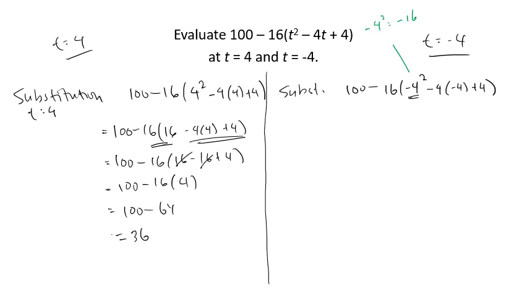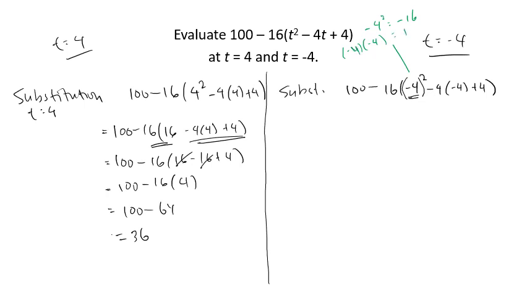So the error is not necessarily in the math that they're doing, but in the way that it's written. We have to remind students, and maybe even ourselves, that when we do this substitution, we're substituting in a single value or a single quantity. So when that negative 4 goes into that t, it should go in as a parenthetical expression. It should be in parentheses to show that it's a single value. And so now when I do the -4 squared, I should recognize that this is -4 times -4.